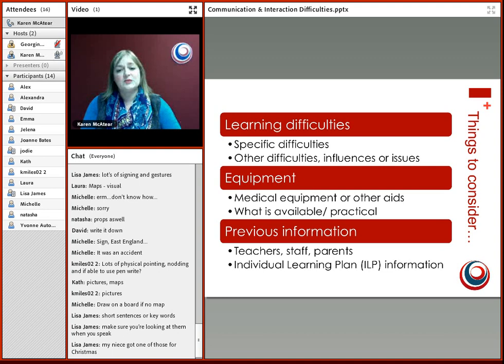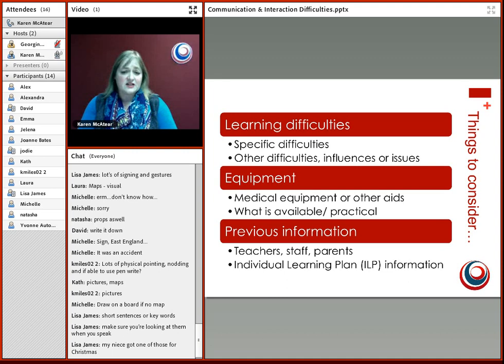You want them to be part of things. So it's how you go about this. So it might be, for instance, that if the child uses sign language or some form of signing, some of the other children are taught some little bits of signing as well, so that they can share in communication with each other. So being aware of the influences and the other children in the class especially is key.